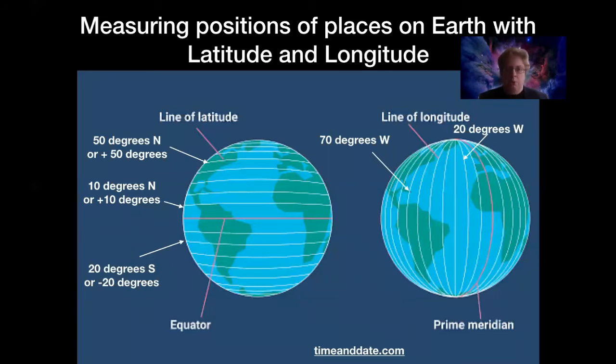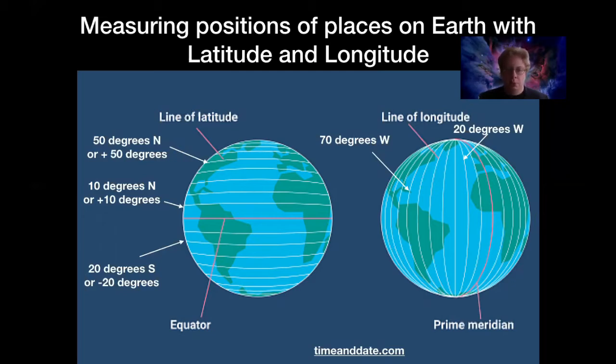So on the Earth, we divide our Earth up into imaginary lines of latitude and longitude. Latitude tells us how far above the equator we are on the sphere that is Earth. And you can see a couple of them that I've labeled here. So this first line above, the first white line above the red line is 10 degrees north, or plus 10 degrees of latitude.